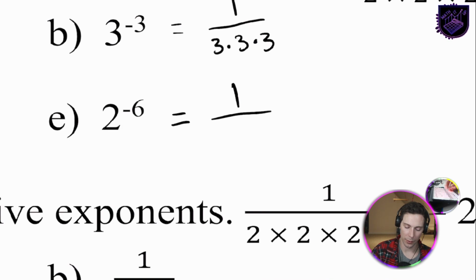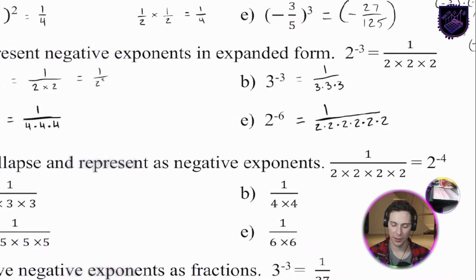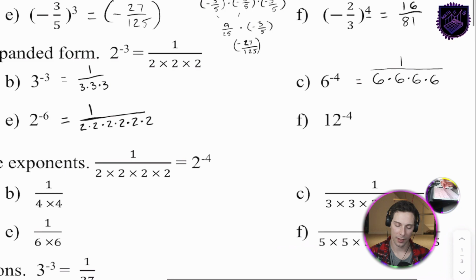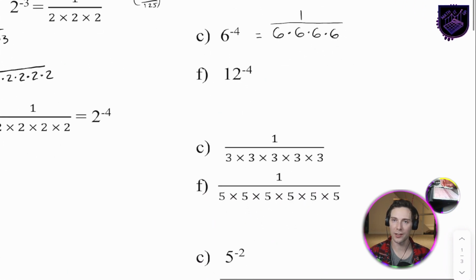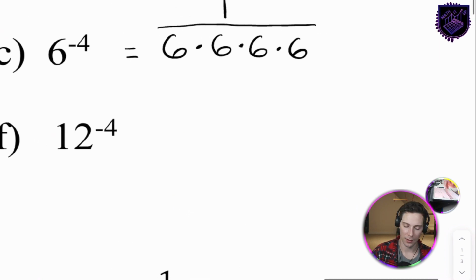1 over, oh boy, 2, 2, 3, 4, 5, 6. That's a long one. Obviously, you wouldn't do this unless it's a worksheet like this. We're training, we're helping you understand what this was representing.